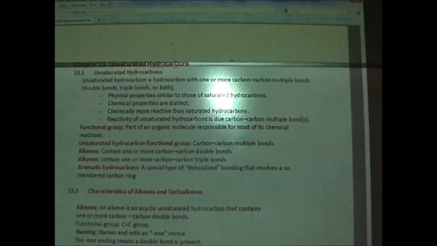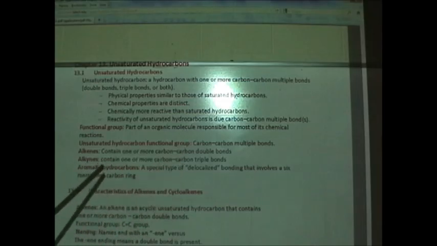The last name ending with ene, as opposed to alkane, means it's a double bond. At least one double bond is there, right? Enes means containing one or more carbon-carbon double bonds. Ynes, Y-N-E-S, means at least one carbon-carbon triple bond.